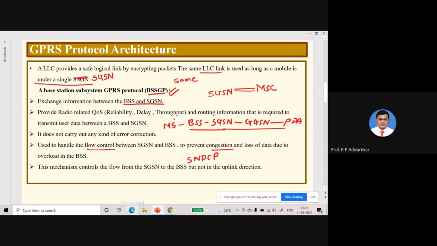Now we know that one SGSN is connected to several BSS.